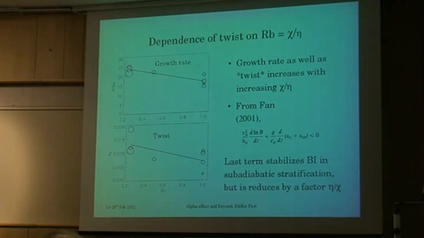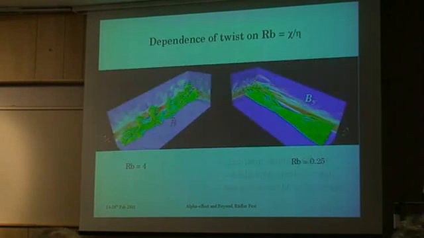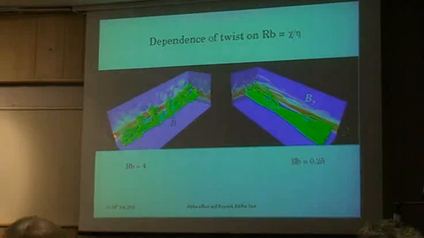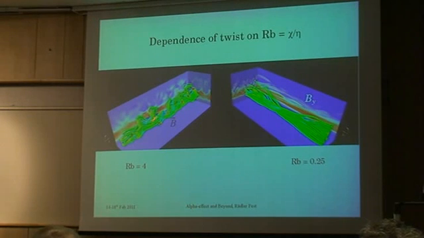This is an interesting result. Suppose I have these magnetic field lines colored according to J dot B, for two different cases of the Roberts number: one is a very high Roberts number, which means high temperature conductivity, and the other is a low Roberts number.